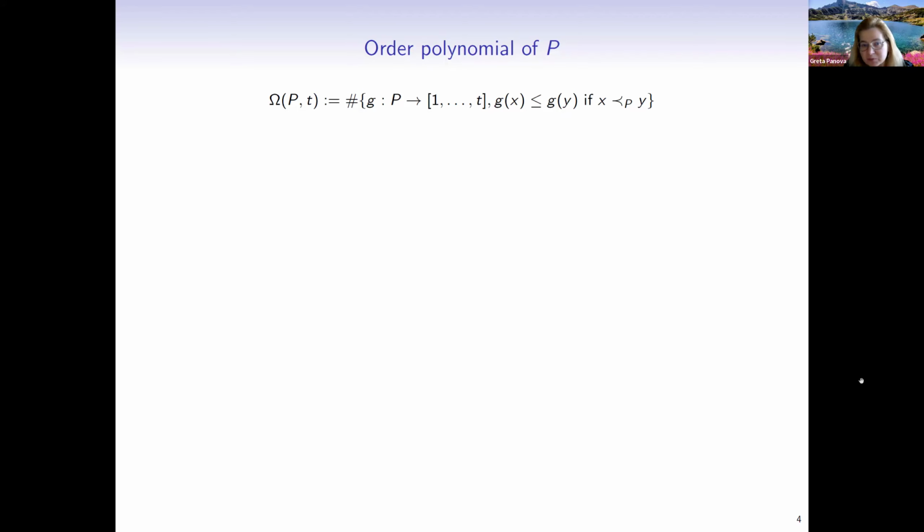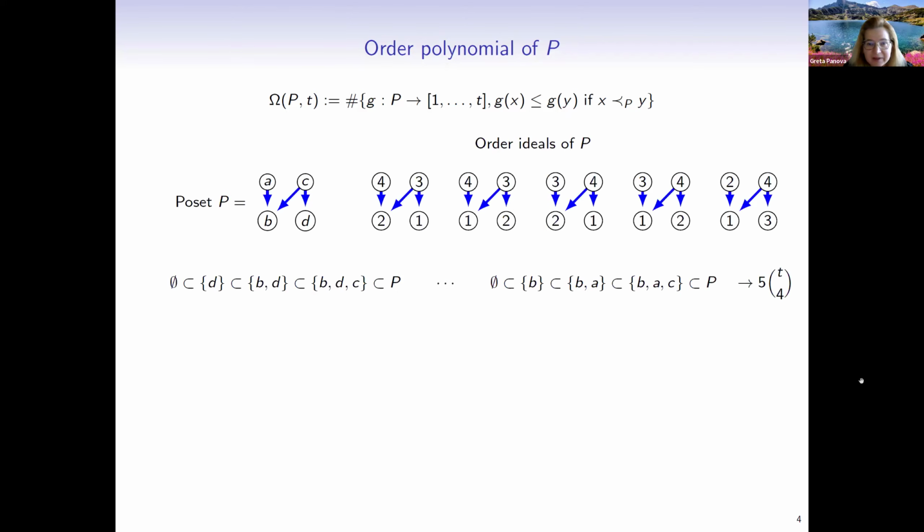And we, of course, would like to count these constructions as well. So it is hard to draw them all, even for this small poset. There are too many, even if t is small.